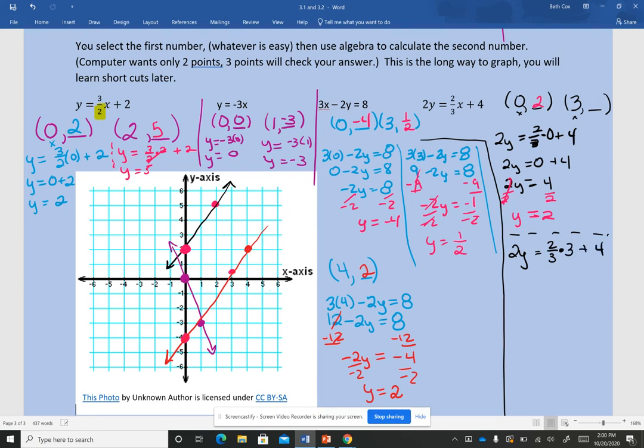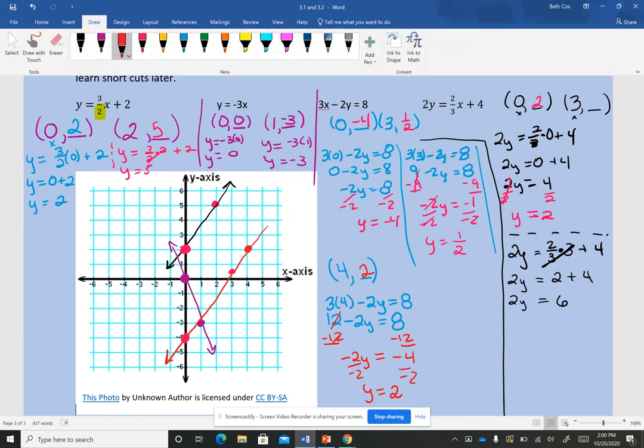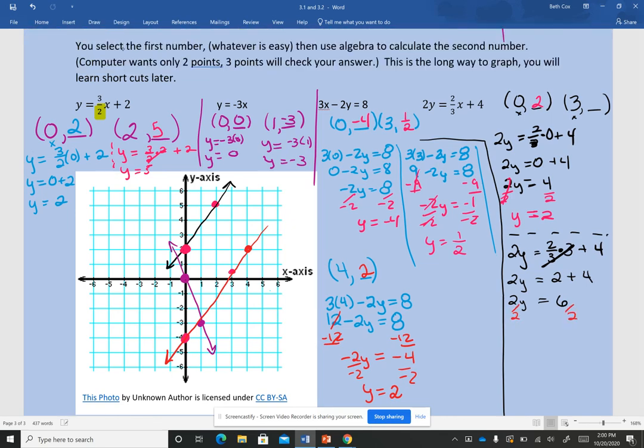Okay, now remember the reason why we chose 3. It's going to cancel out or divide out, and I'm just left with 2 plus 4. And 2 plus 4 is 6. And now I'll solve. Divide both sides by 2, and y is 3. So I have the point 3, 3, which is here, and here is that other line.